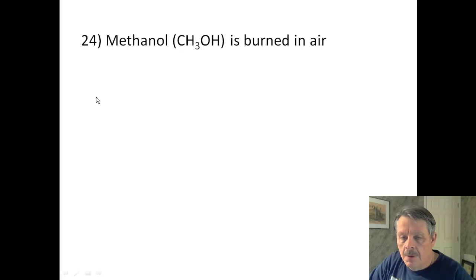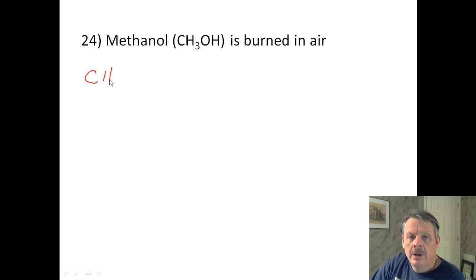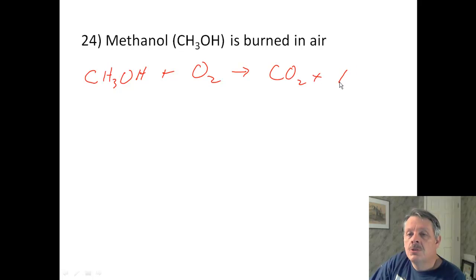All right, how about 24? For 24, you should immediately recognize that this is a carbon-hydrogen-oxygen compound being burned. Plus oxygen gives you, all right, so this is CO2 and water. It always gives you carbon dioxide and water. And we have, okay, let's see, what do we have?